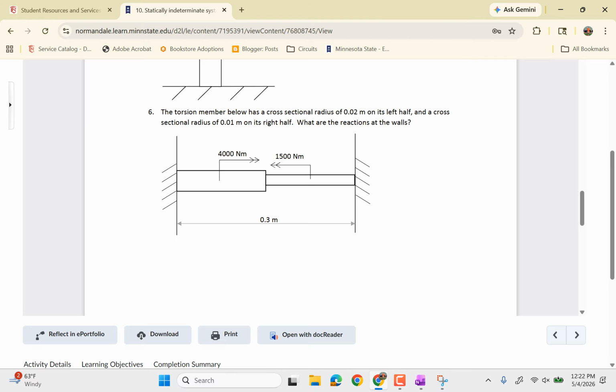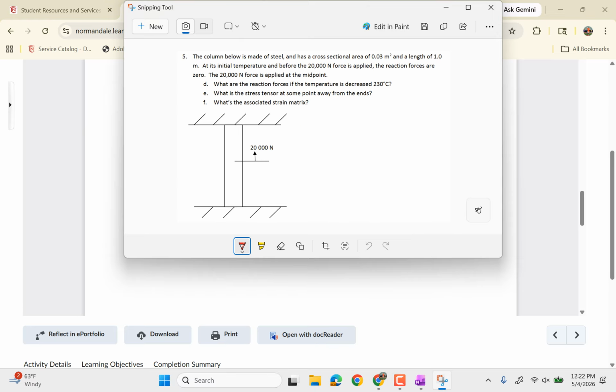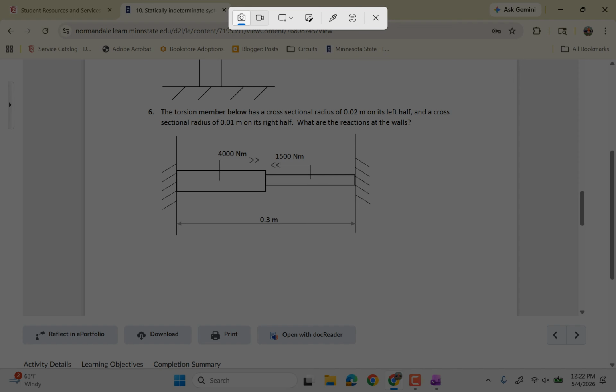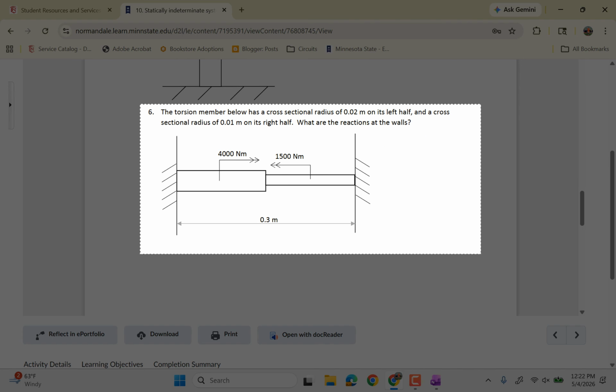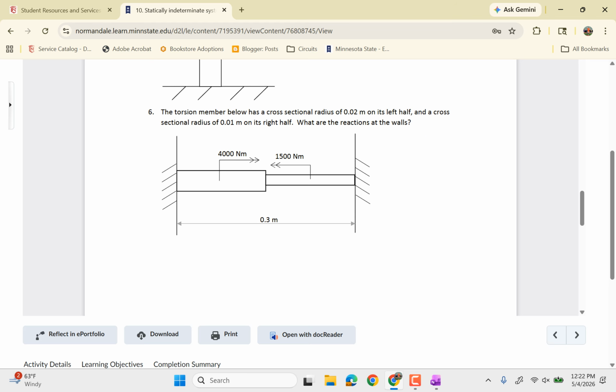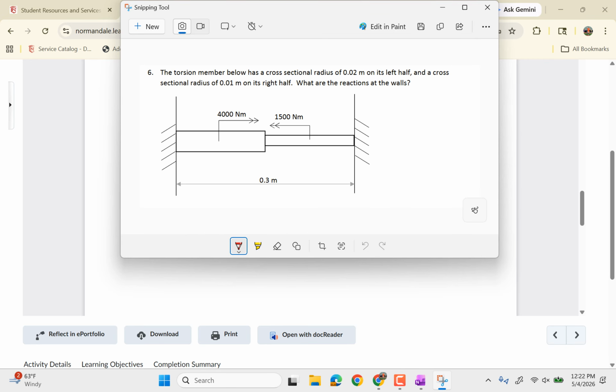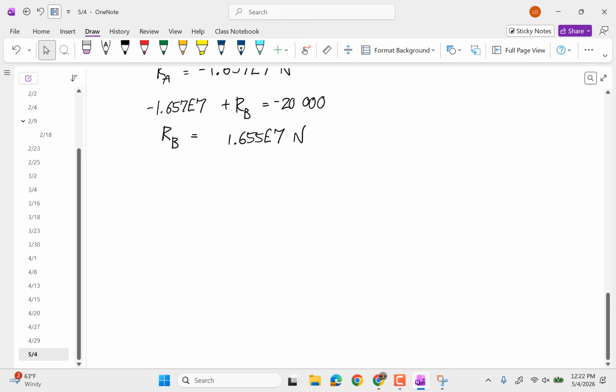Did I already do this? Okay, so this one is torsion, not tension and compression.